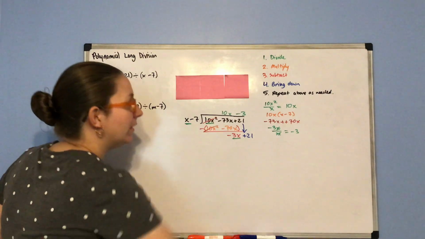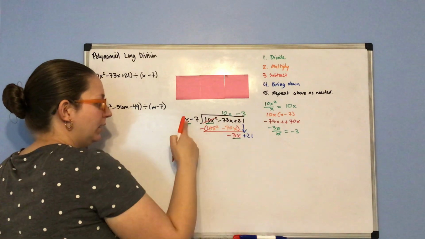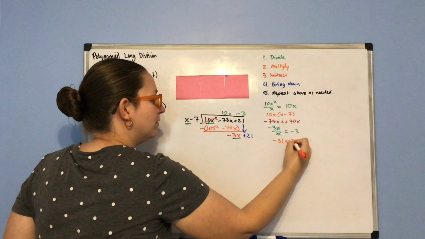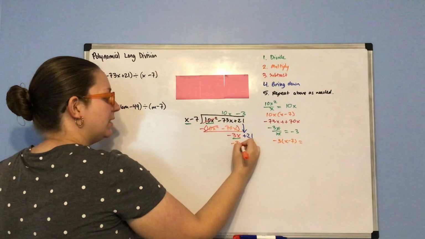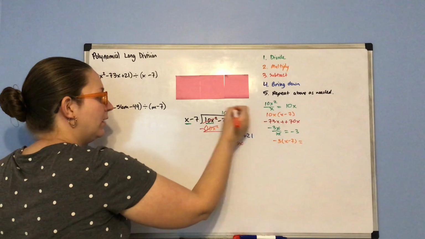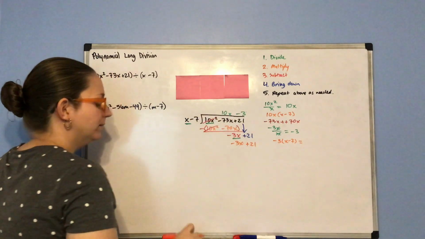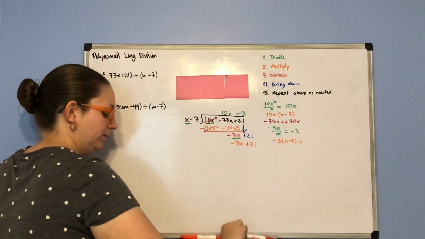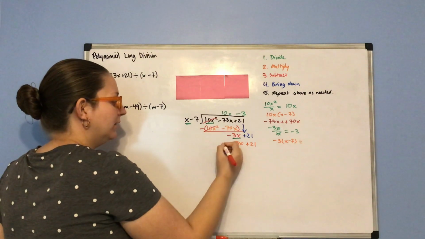Now, I've divided, I multiply. I'm going to multiply negative 3 times what I'm dividing by, the outside stuff, if you will. Negative 3 times x is negative 3x. Negative 3 times negative 7 is positive 21. After we multiply, we subtract. So, oops, dropped a marker, it's okay.